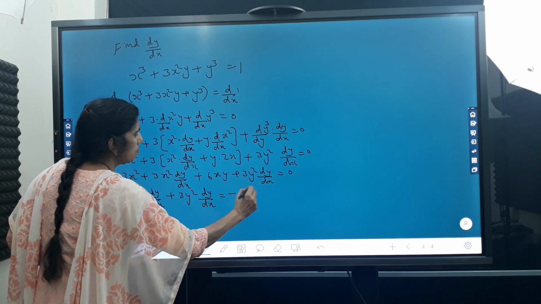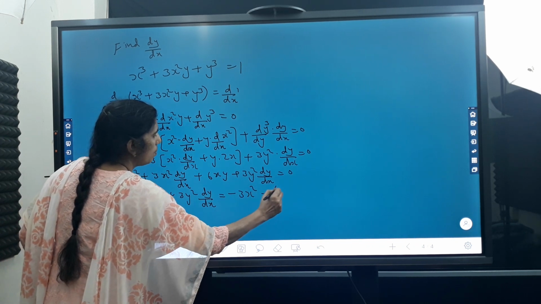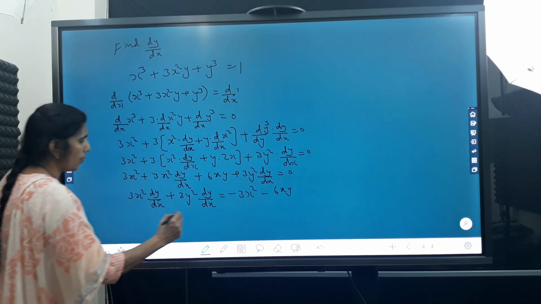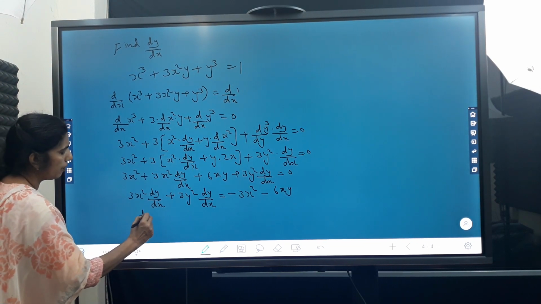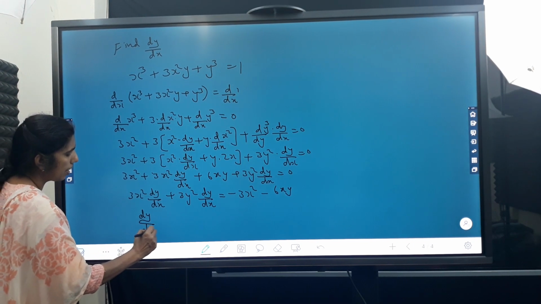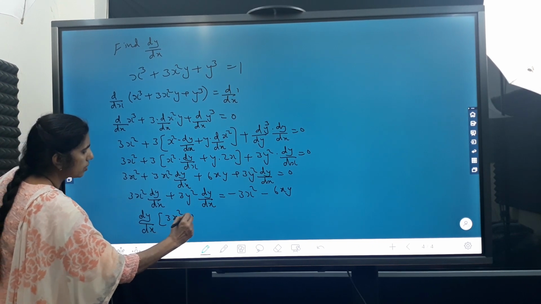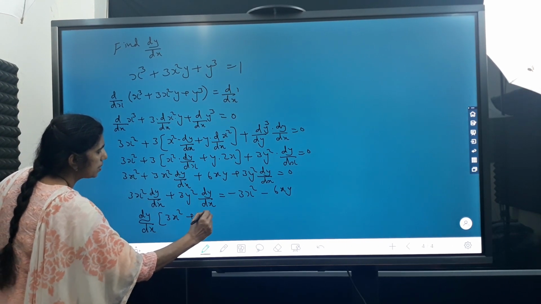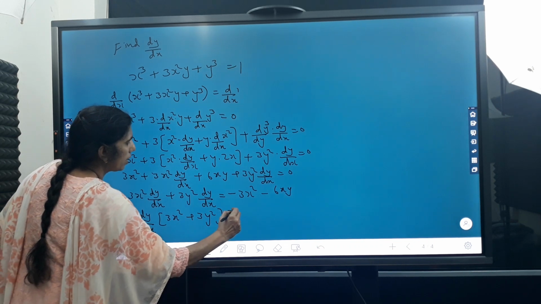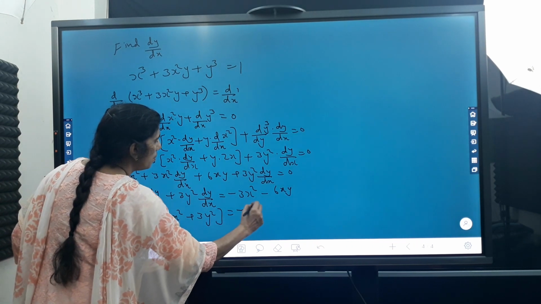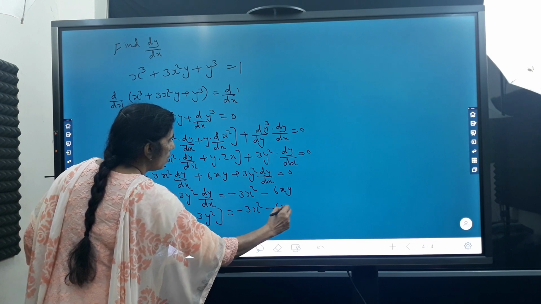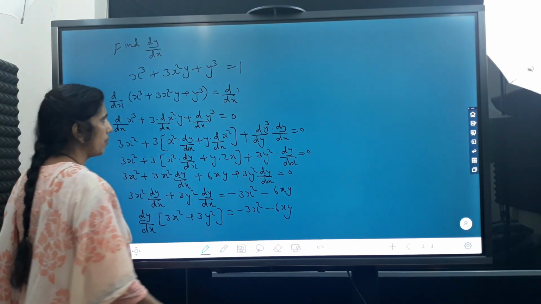So it becomes minus 3x square minus 6xy. Take dy by dx outside. So inside the bracket you get 3x square plus 3y square equal to minus 3x square minus 6xy.